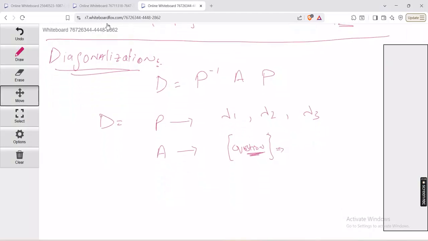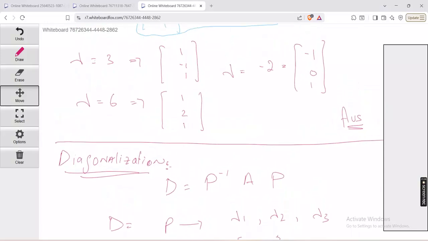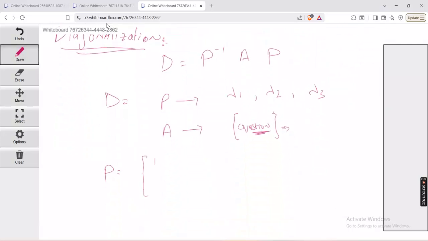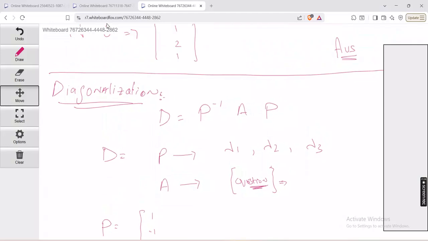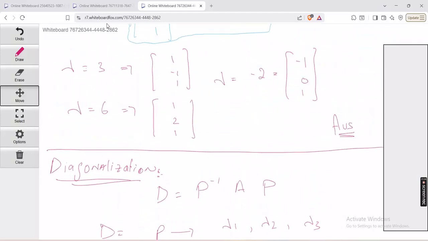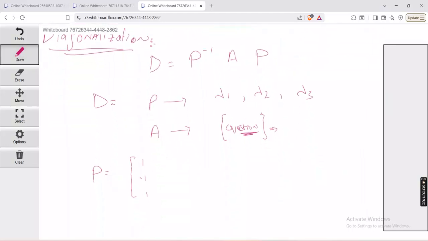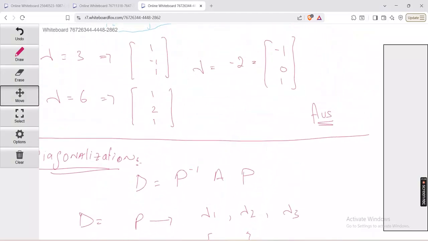So let's put the values here. Matrix P, which we got just now: 1, minus 1, 1, then 1, 2, 1, and for lambda 3, minus 1, 0, 1.